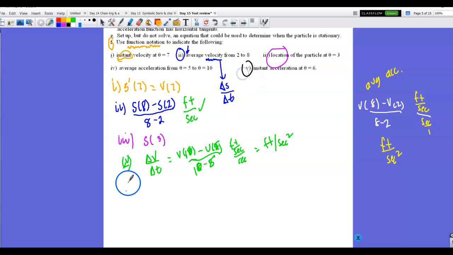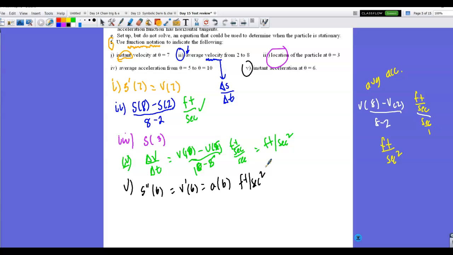Lastly, number 5, your AP score is instant acceleration. That's easy. It's either the second derivative at 6, which is the same thing as the first derivative of velocity at 6, which is the same thing as acceleration. So make sure that you know that all 3 of those mean exactly the same thing. And the units here would be, as we've already determined, feet per second squared.